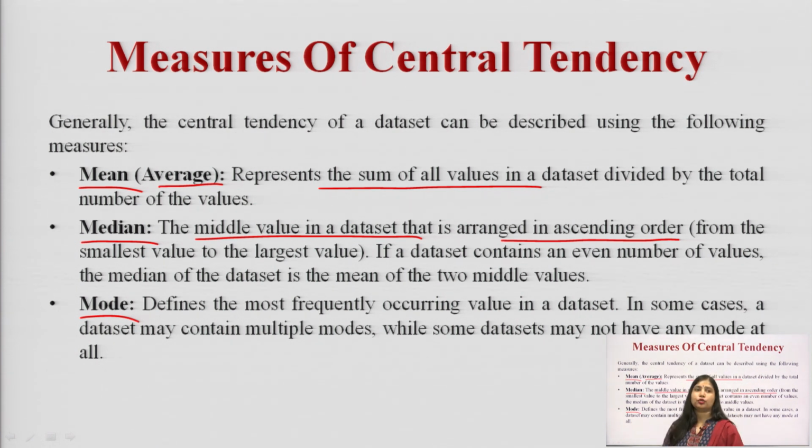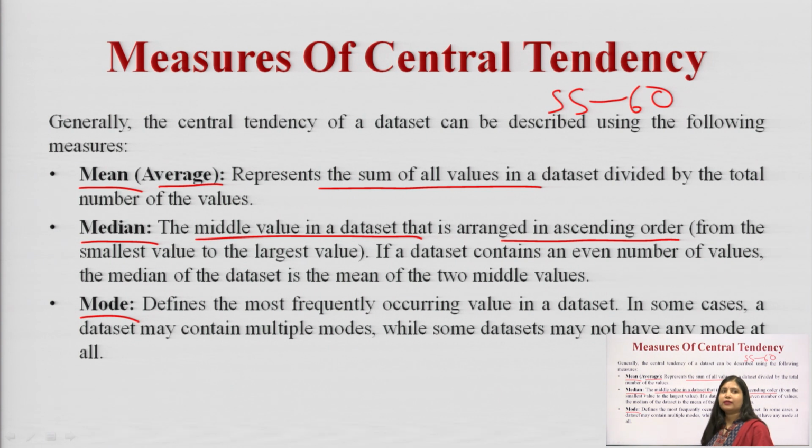So, it shows where most of the data is concentrated, or what the middle value of the data is. Suppose we are calculating student marks, and we find that most of the students get marks between 55 to 60.